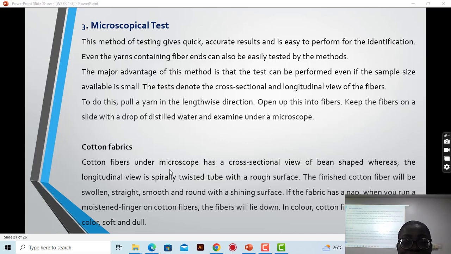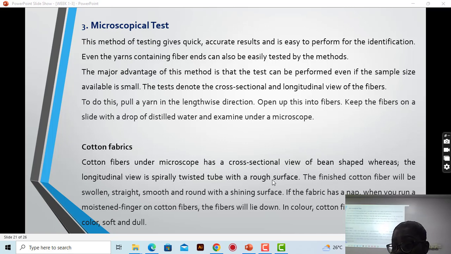The longitudinal view is spirally twisted. When something is twisted, just like the sewing thread that we have, but it is spiral, it looks round and it's twisted. It's just like you have placed a sewing thread on the table and you have coiled it like a coil. Okay, right. Tube with a rough surface.